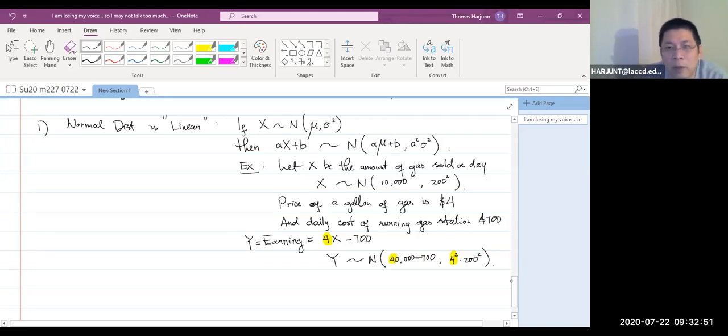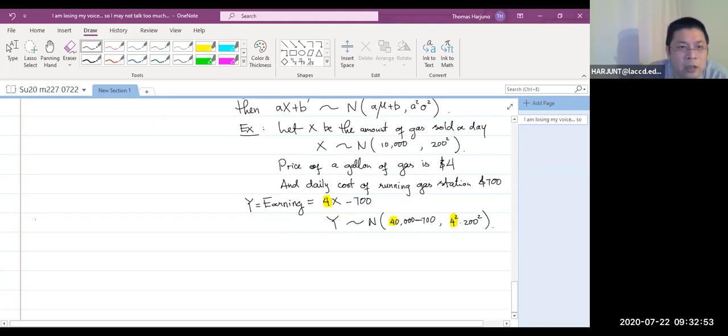Now that's about the normal distribution being linear, and then the better part, which we use here, is actually this one.